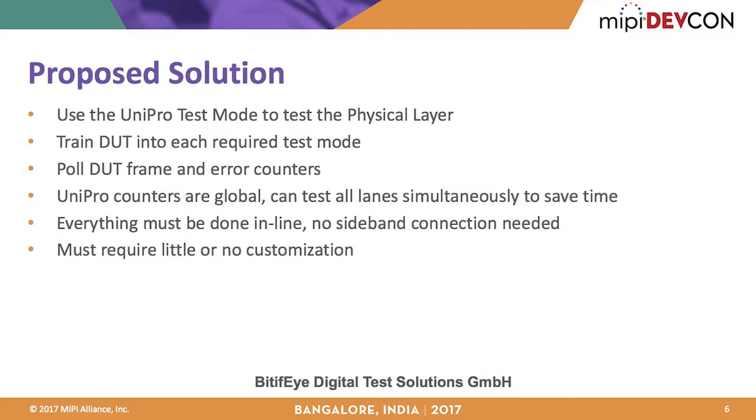good. So they also use the UniPro Test Mode to test the physical layer, and it can be trained into the test mode. So with this, there are several gears, and we have to find out which gear is being used, and also the DOT needs to respond in the gear that is being defined.